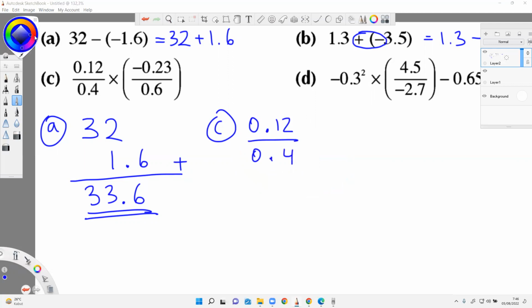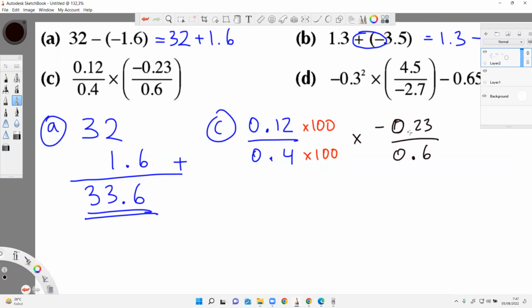Wait, I will give you the simple trick. How do I annihilate the decimals? By multiplying it with 100. Right. Kenapa yang di bawah nggak 10? Yeah, they both have to be the same, that's it. And then you multiply by negative 0.23 over 0.6, right?